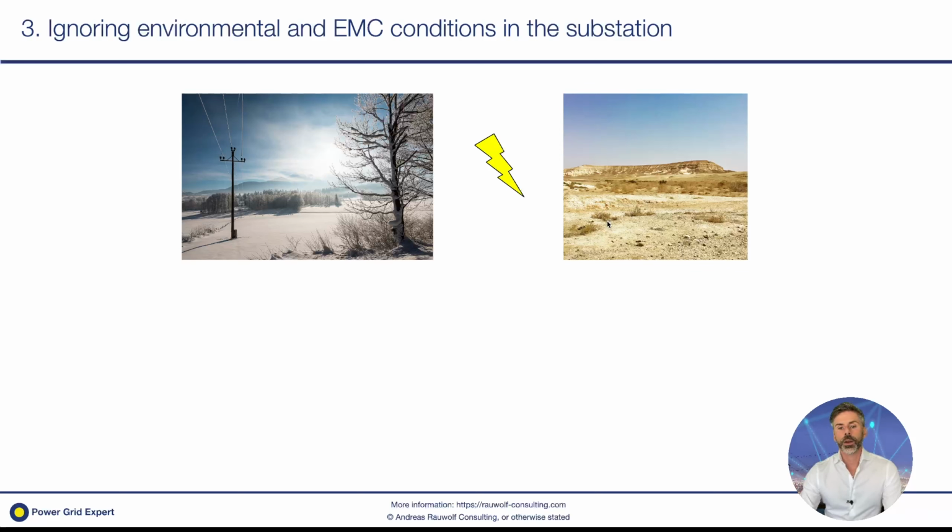Once again, common products made for this purpose are made to deal with these environmental conditions. If you just pick a normal industrial solution, it might not. So be aware of that. Also, humidity is a big issue. The substation is on the ground. From down the ground, there's always humidity coming up. And electronics is sensitive to humidity, so it has to be protected also for those cases.